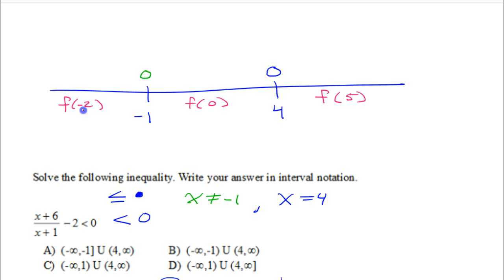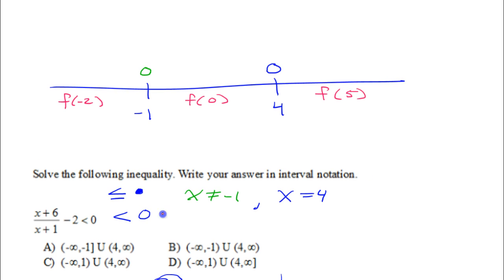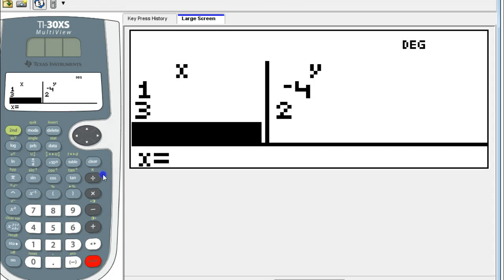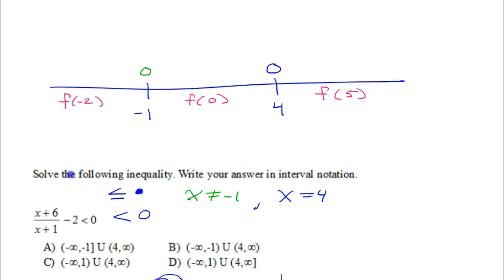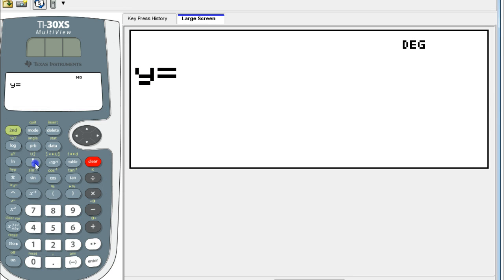So, let's evaluate the function at each one of these x values. So, here's my function, and I'm going to use my calculator to help me out. So, using the table feature, let's just type this in. So, (x + 6)/(x + 1) - 2.